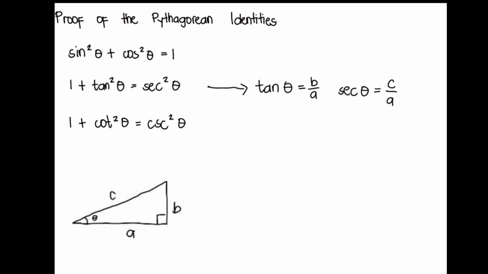Now, according to the identity, we're going to add 1 plus tangent squared theta and it's going to be equal to secant squared theta. So let's do that. 1 plus tangent squared theta is equal to 1 plus b squared over a squared. Now comes the algebra. We're going to get a common denominator here.